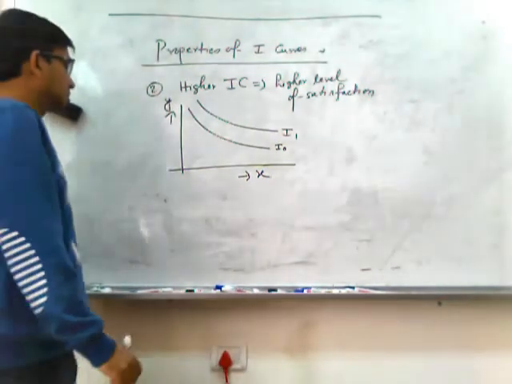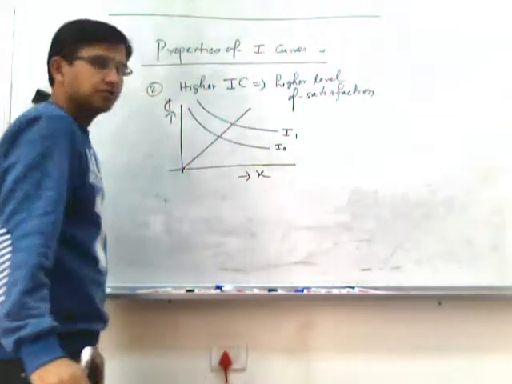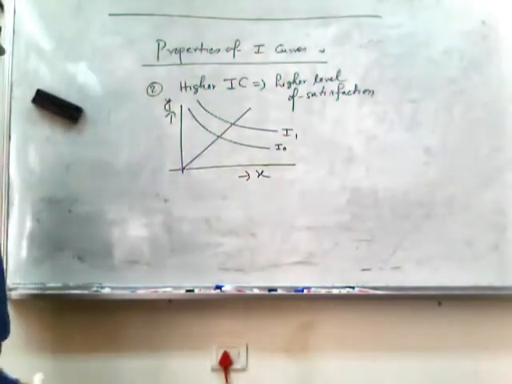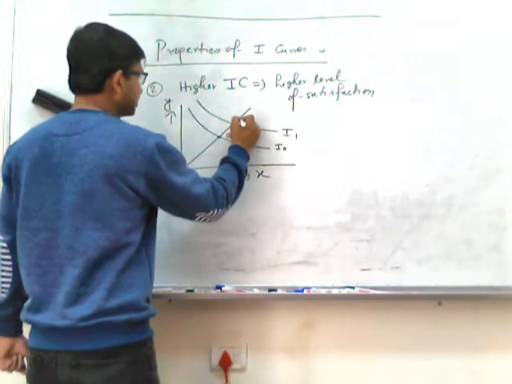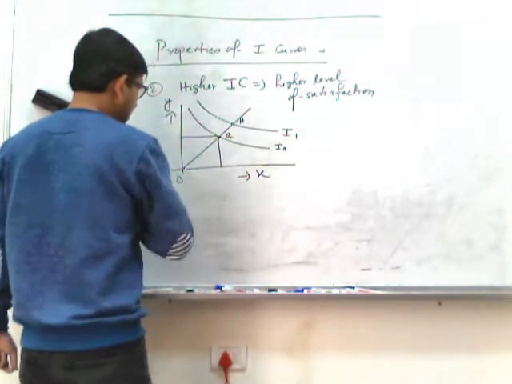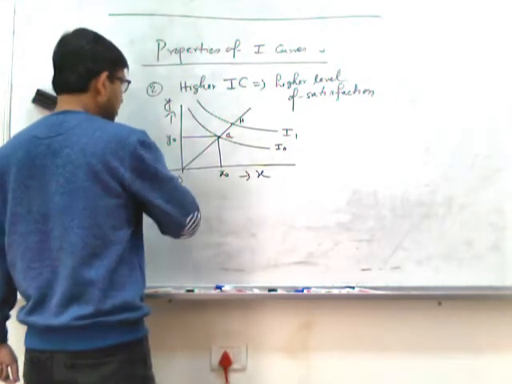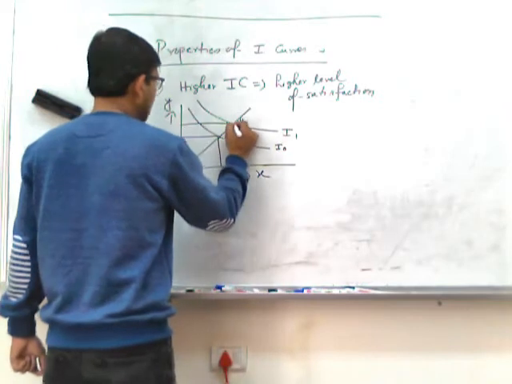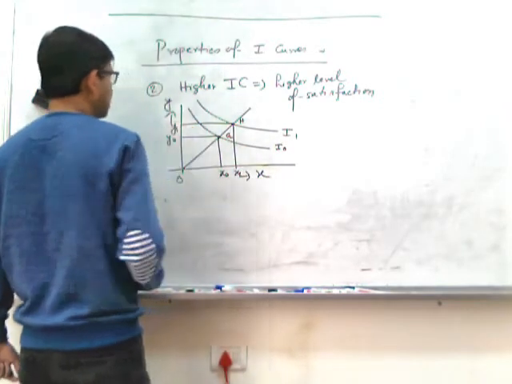Now we can draw one straight line from the origin and take two points. This is G, this is H. Basket G indicates there are OX0 units of x and OY0 units of y, and H indicates there are OX1 units of x and OY1 units of y.